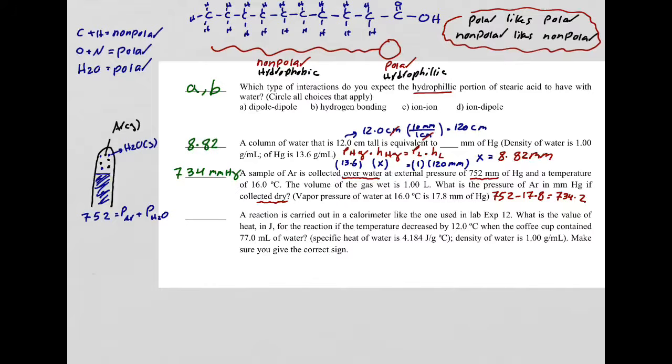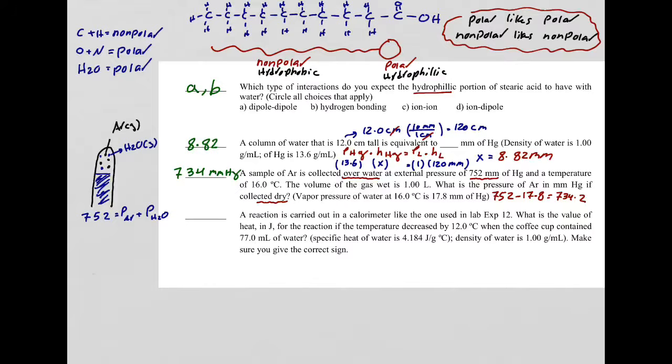Next question. All right, so a reaction is carried out in a calorimeter. What is the value of heat in joules for the reaction if the temperature decreased by 12 degrees when the coffee cup has that? Now, think about our lecture a little bit. In this problem, the temperature is changing, and you have a calorimeter.